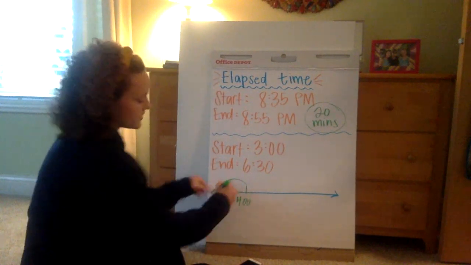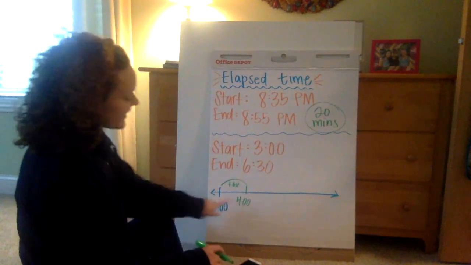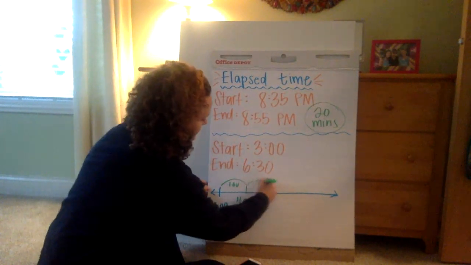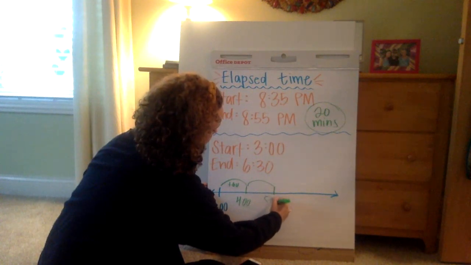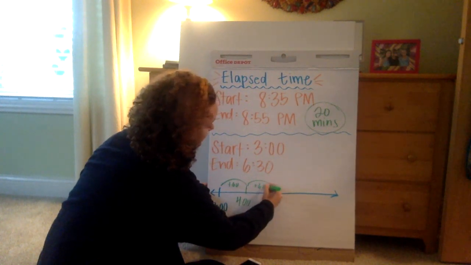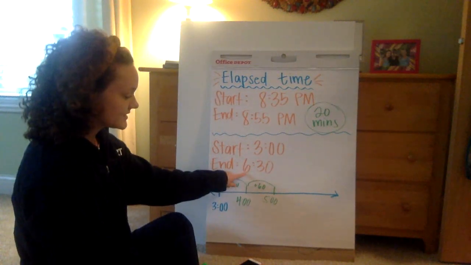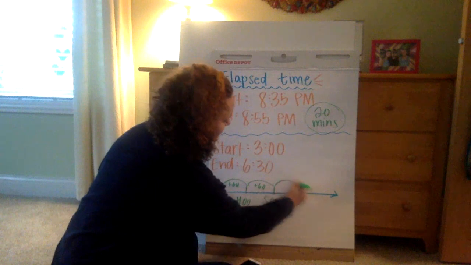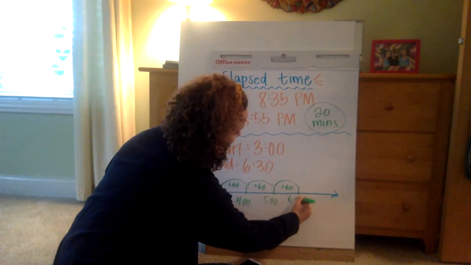And then in my little jump here, I'm going to write plus 60 minutes, which is an hour. Okay, and then I'm going to do another jump to 5 o'clock. And that's plus 60, or you can write plus 1 hour, whatever is easiest for you. Okay, and I'm still trying to get to 6 o'clock hour, so I'm going to add 1 more hour. And that gives me 6 o'clock.